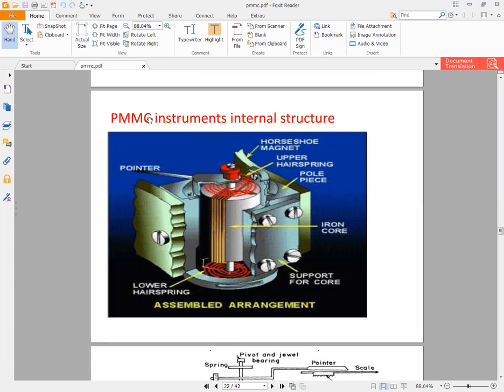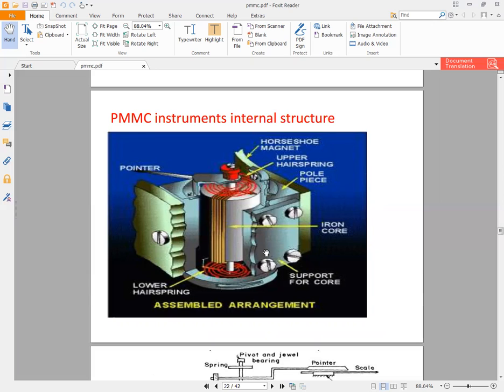Its name indicates moving coil instrument, that means the coils are moving and permanent magnets are used. So it is called the permanent magnet moving coil instrument. This is the assembly, that is the internal structure of our PMMC instrument.